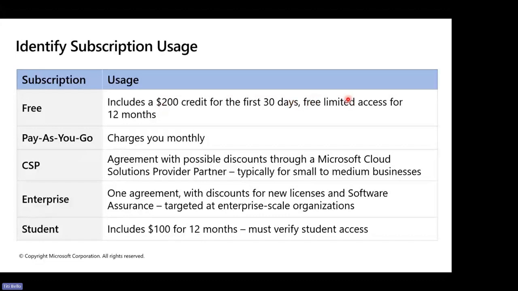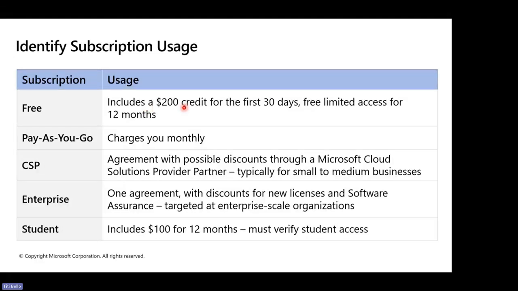Plus, there are free services that stay free even at the end of 30 days when your $200 credits expire. Because your account still exists, there are some services you can spin up that are free, but virtual machines will not be part of them.